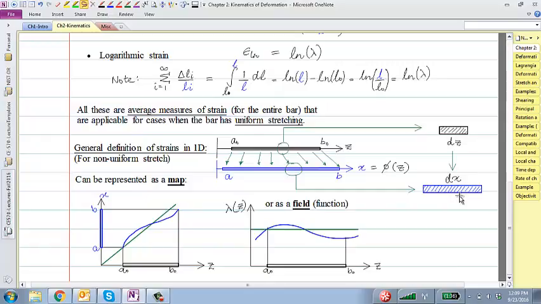So one way to do that is to draw the undeformed body on the horizontal axis that I'm calling Z here, and mark the corresponding points of that map on the vertical axis that denotes X here. I can do that since it's a simple one-dimensional body. For a two-dimensional body, it's not possible to do this.